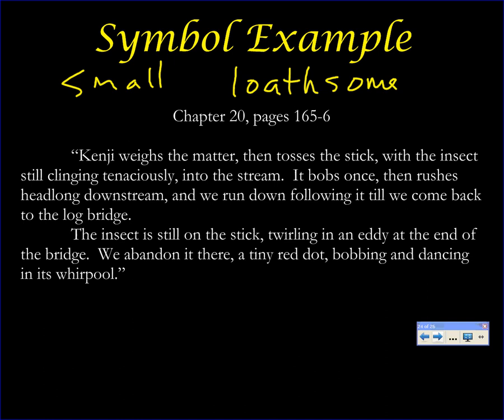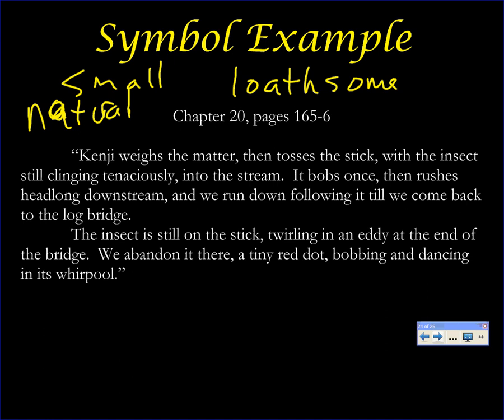Oh, yeah, it's red. Hold on. But that's going to connect to another symbol, right? So she's merging two symbols. Red is a symbol. The insect is a symbol. We have a merge point here. But keep them separate in your mind. So red is a separate symbol. Small, loathsome. They are also, folks, natural. Okay, so question one.